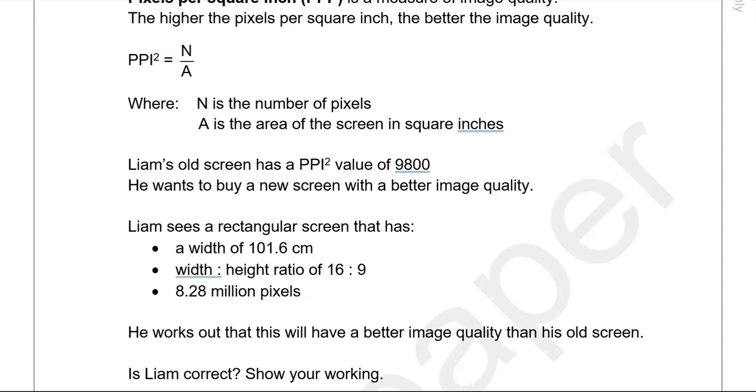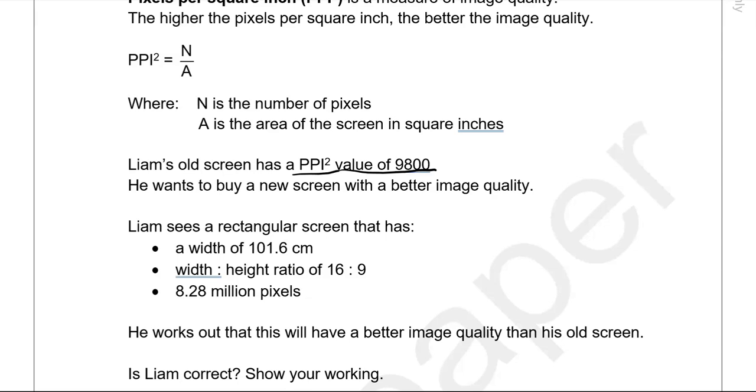So to work the PPI squared value, as I'm calling it, and compare it to this one, what we're going to have to work out is n, the number of pixels, which we've got, and then the area of the screen.